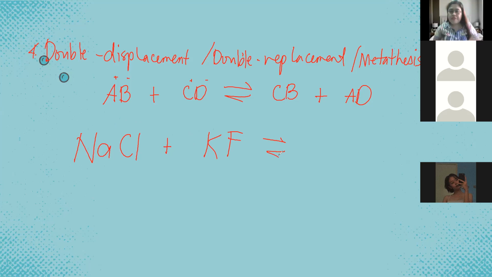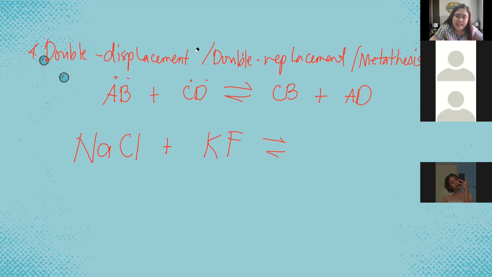Again, we have here the sodium chloride plus the potassium fluoride. In double displacement, class, we do not need the activity series of metals. Again, we don't need the activity series of metals here. We really just exchange partners.